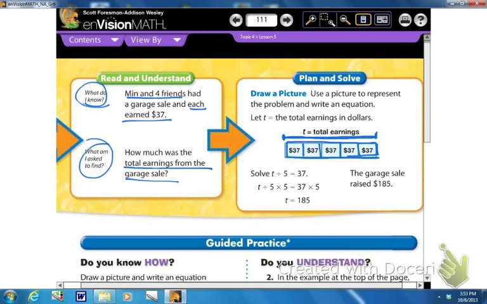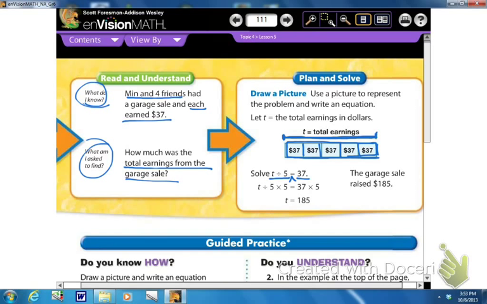So what is my equation? Well, I know that T, my total earnings, divided by 5, shown here, divided into 5 little blocks, is equal to 37. So now you need to solve to figure out what T is. Again, we have to do the opposite operation.